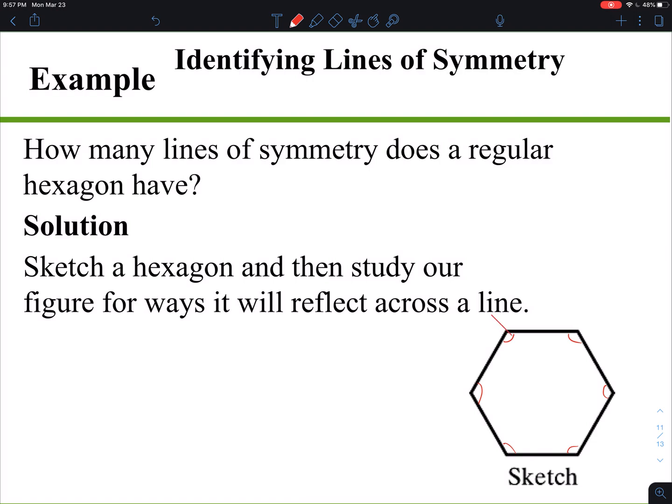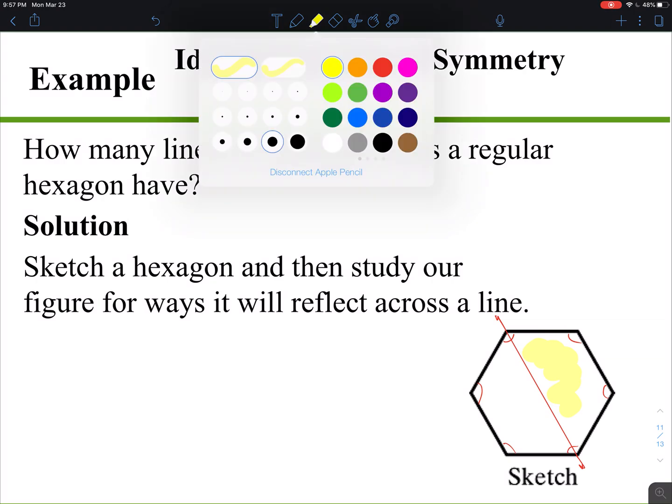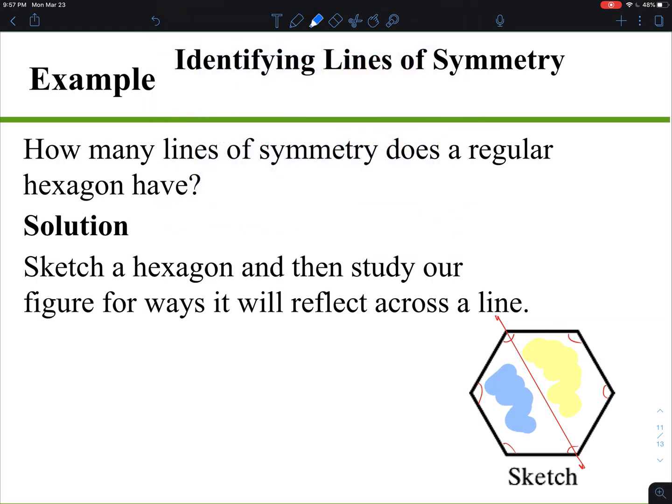So if I start up here, let me make it a little bit better because that's just not good. If I make a segment here and do my best to make it look pretty good and then continue it out here, then you can see that this yellow that I'm highlighting now will reflect onto the blue here.